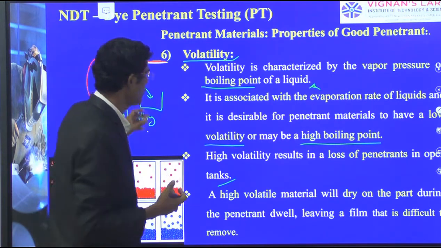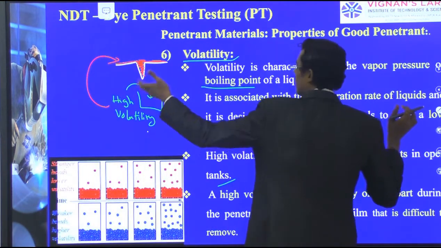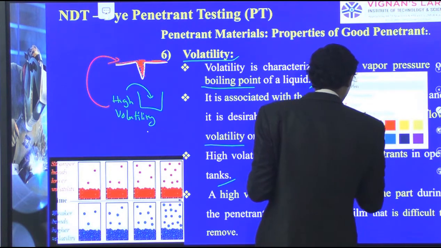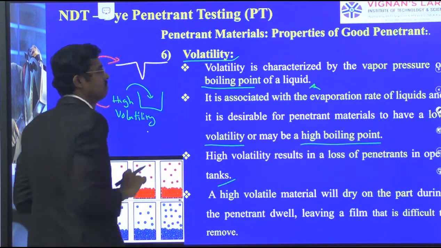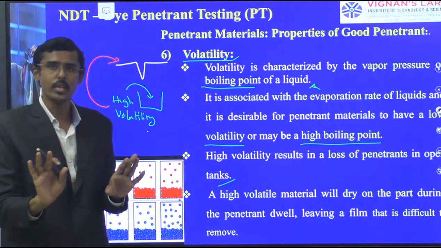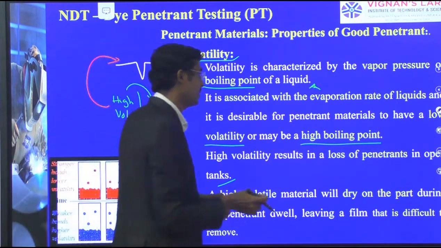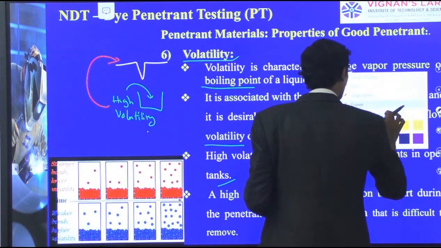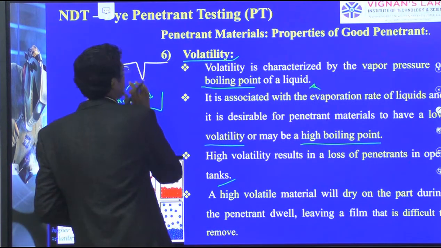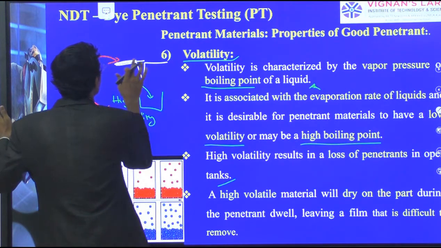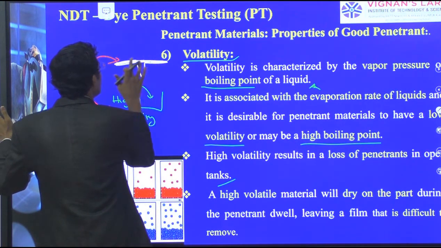When it is subjected to high temperature, obviously due to its high volatile property, it is going to evaporate. It is evaporated. It means there is no penetrant. But you see, I have applied the developer here. Already the developer is applied.